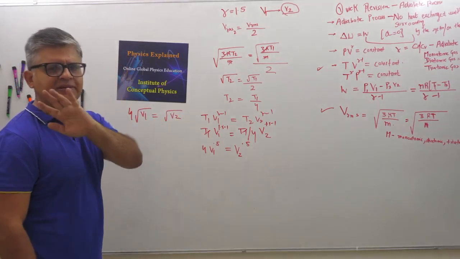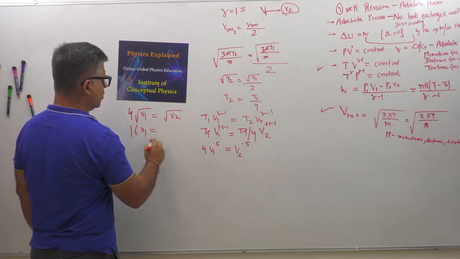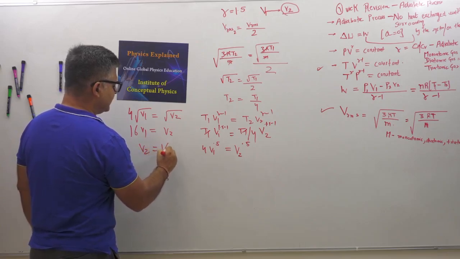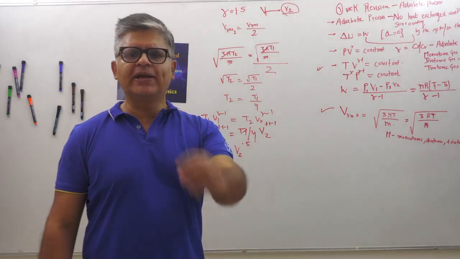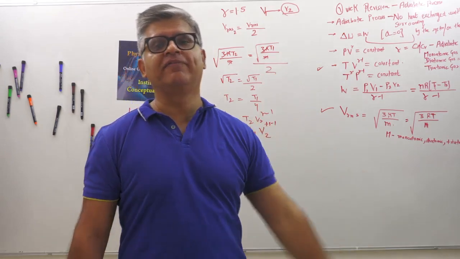Power of 1 by 2 is nothing but root. Squaring both sides, 16 V1 is equal to V2, right? So the volume has to be expanded to 16 times the original volume. You have to increase the volume by 16 times to achieve what you want, right?